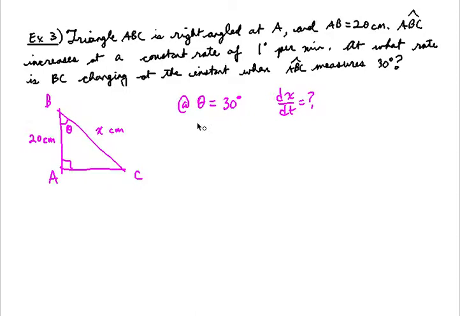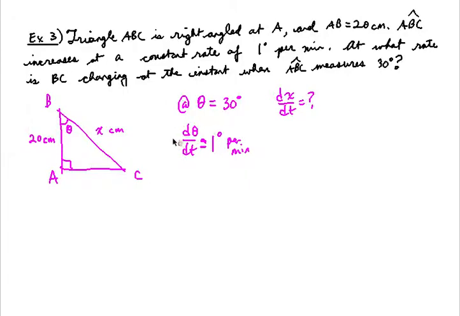We need to find out how fast this is changing when this is 30. We also know d theta/dt, don't we? d theta/dt is right now 1 degree per minute.